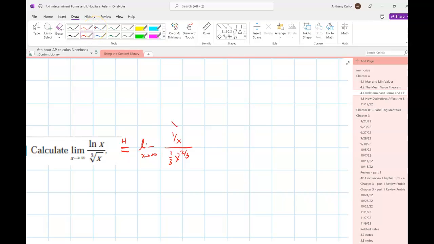I'm going to think about the numerator here as x to the negative 1. When I divide by 1/3, that's the same as multiplying by 3. Then I'm going to have x to the -1 minus a negative, or plus 2/3. That becomes -1/3.